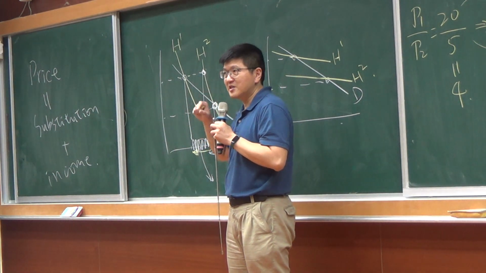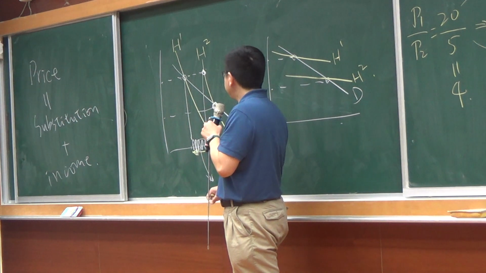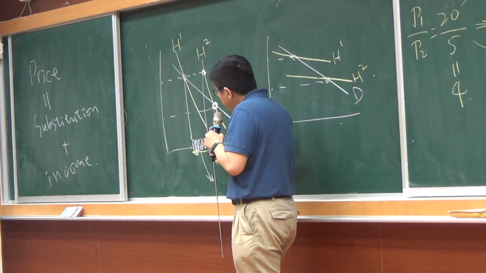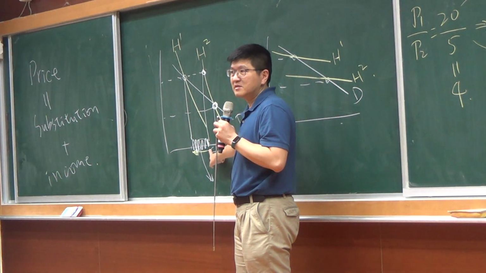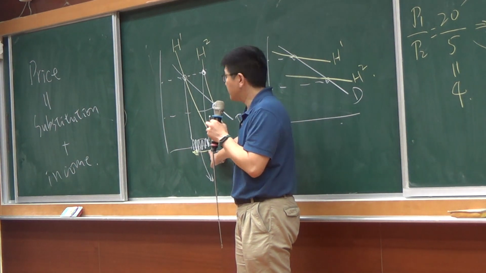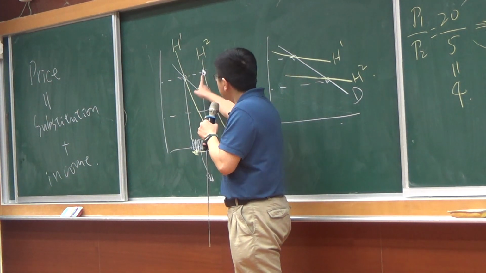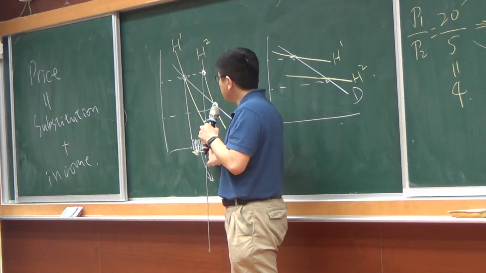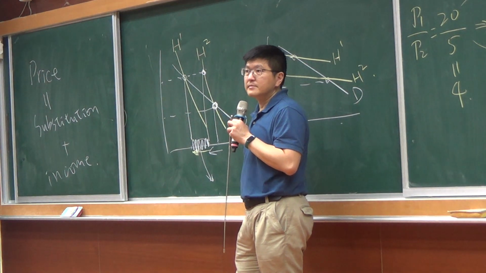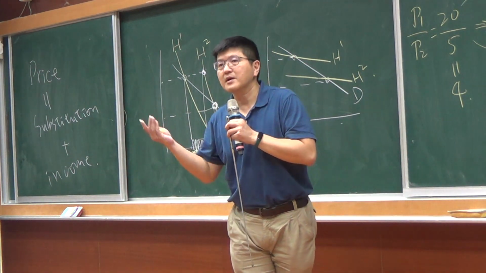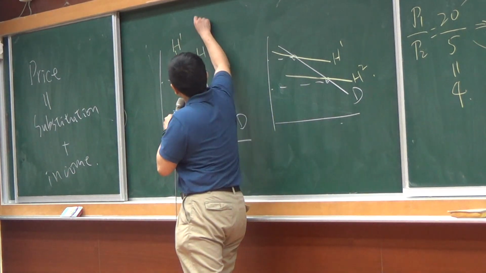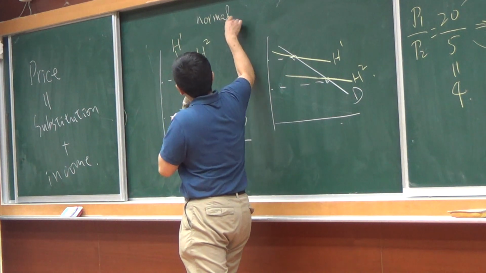Do you remember this law? When the price goes up, your consumption goes down. You consume less, right? So that is what we call negative. However, the income effect makes you consume even less, because your real income is cut and you consume less. So this good would be a normal good.